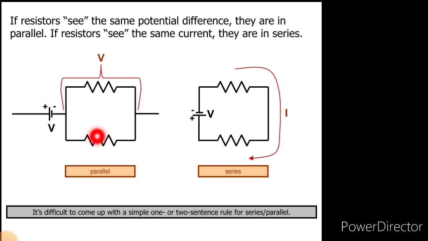Pareho lang sila ng voltage. Kapag the resistors naman see the same current, they are in series, just like this. So pareho yung current dito at dito. Why? Kasi nga, isang path lang ito. So kung ano yung current dito na dumaan dito, yun din ang maging current na dadaan dito. Same lang.